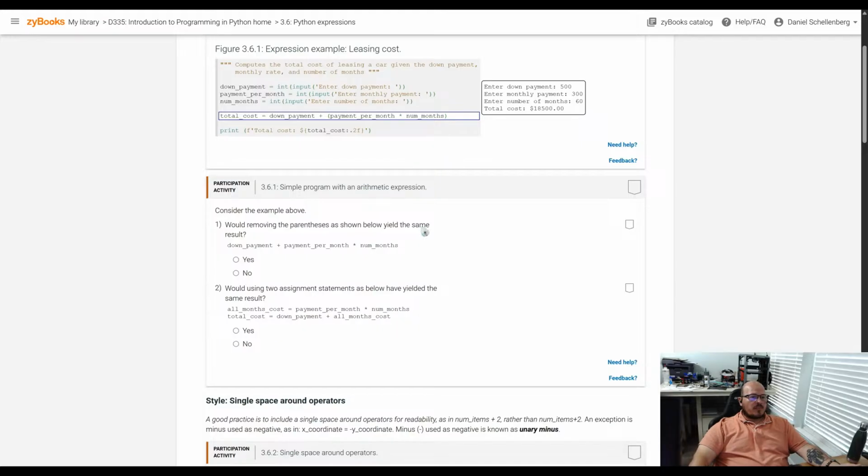From what we learned before, it said it doesn't want you to rely on order of operations or precedence, right? However, the question is asking, would the result be the same? And it should be. Should we rely on it with proper syntax, clean code? No, we should put the parentheses in. But for the sake of this question, I'm going to say yes, it would yield the same result.